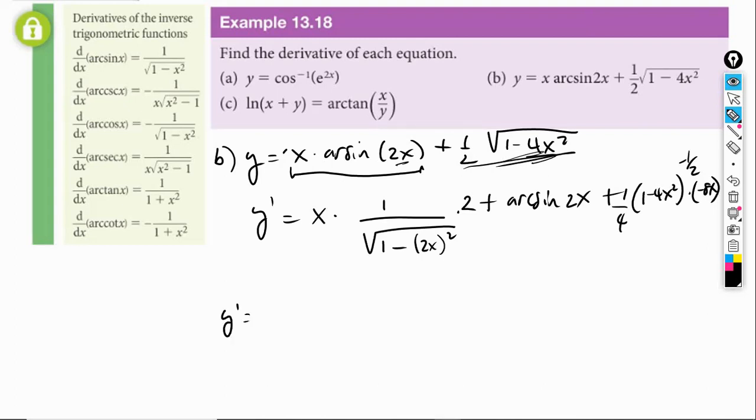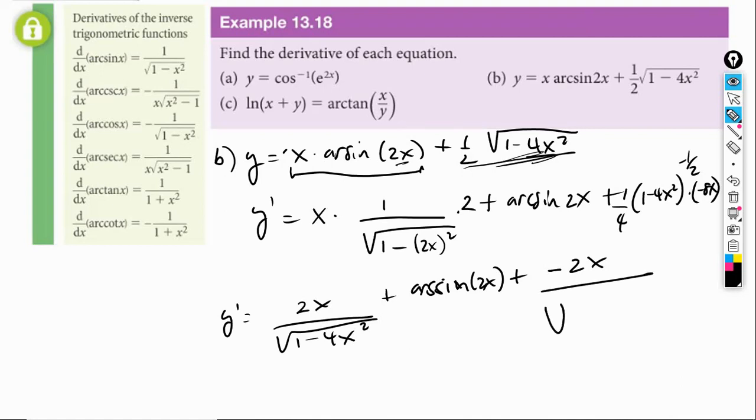So the derivative is going to equal 2x over square root of 1 minus 4x squared plus arc sine of 2x plus, let's see what we get here, negative 2x over square root of 1 minus 4x squared.